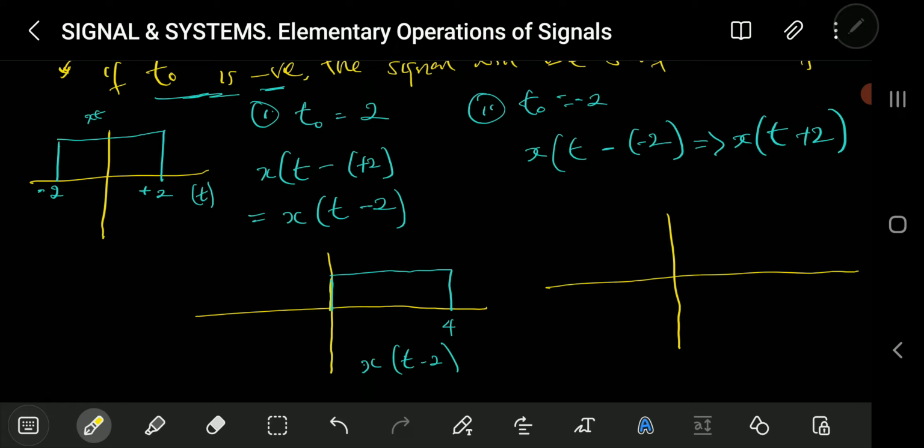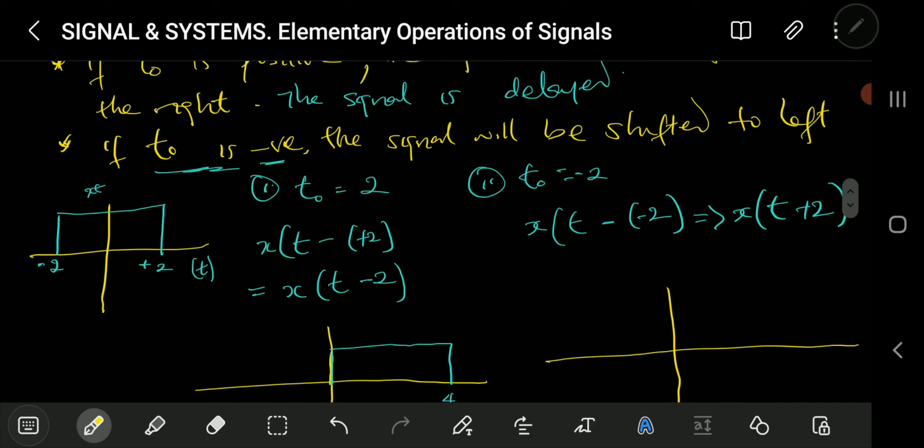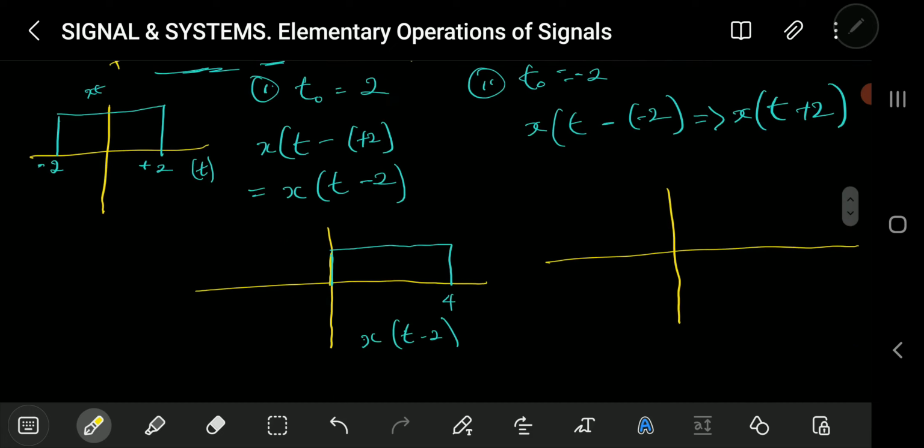This is the initial signal, and now it will be shifted to the left. So here is going to be minus 4 and 0. This is a representation of x of t plus 2. So this is it on time shifting.